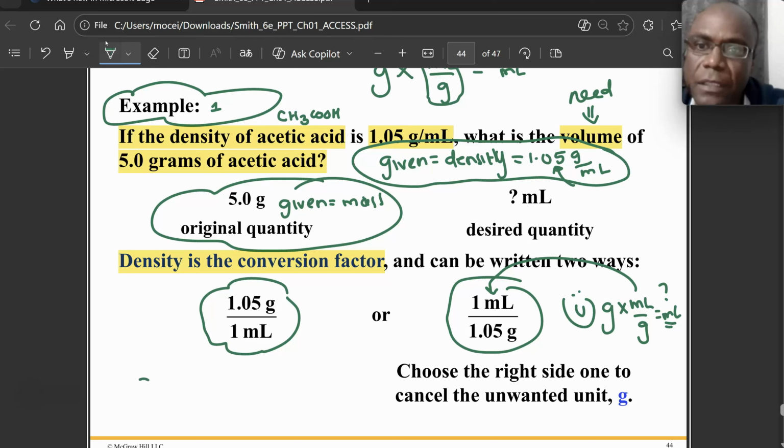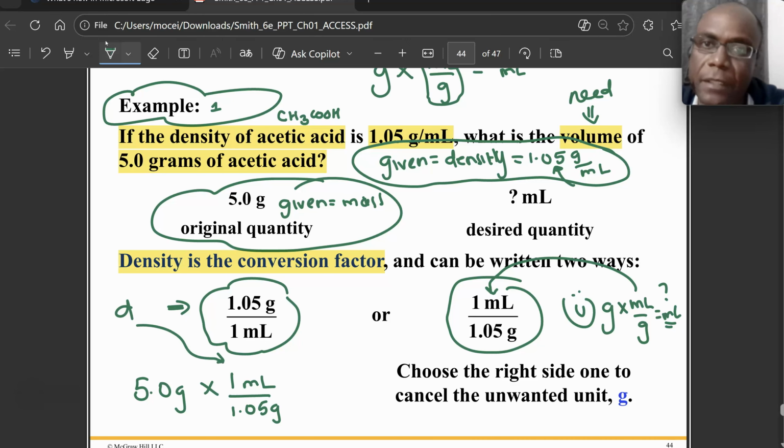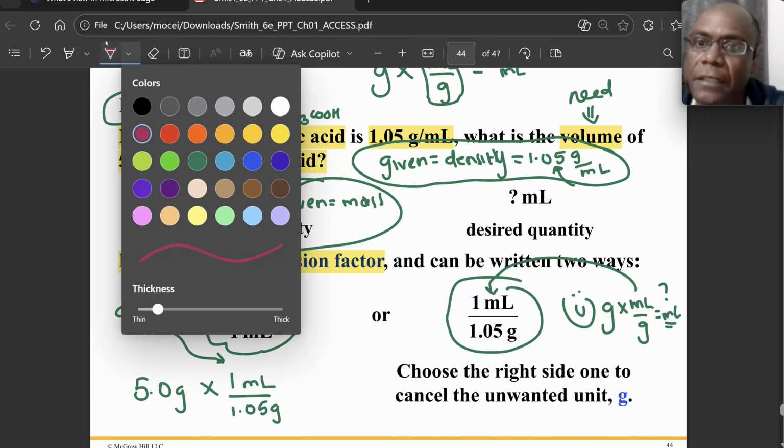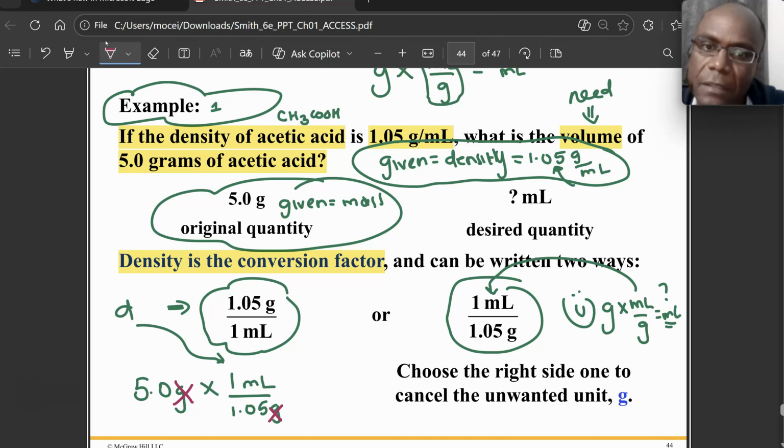So now 5.0 grams multiplied by what ml do we have? It's part of the density formula. Stop looking at it in the question. So 1 ml over 1.05 grams. The inverse of this density is what we are using here. This way, the g and the g will cancel out.